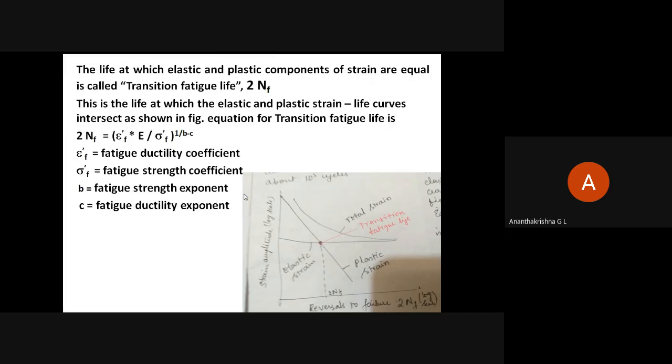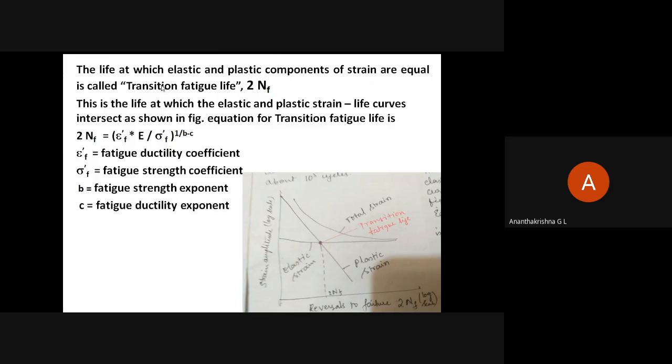In terms of life, the life at which elastic and plastic components of strain are equal is called transition fatigue life, 2N_T.